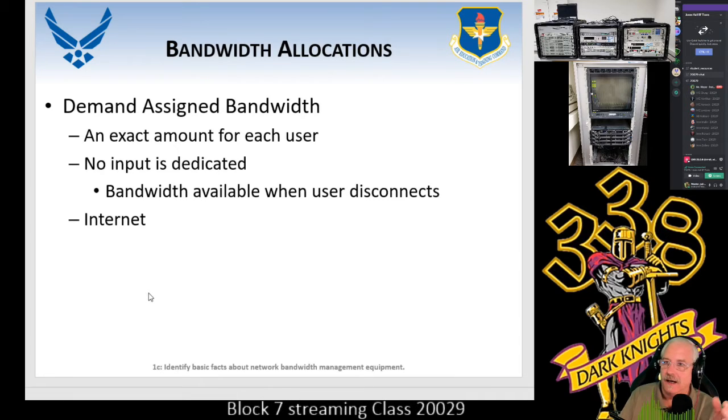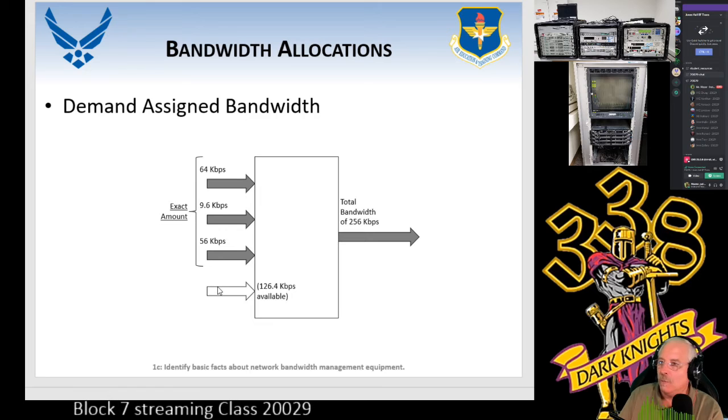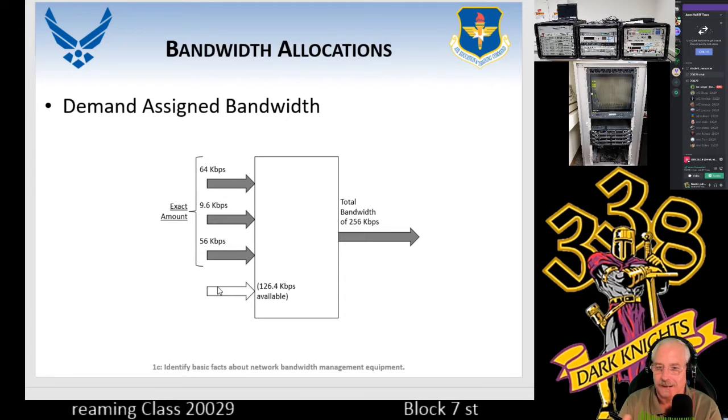This one says you still get an exact amount, but it's not dedicated over the whole thing. This is one way to look at why everything on the internet is asynchronous and you're given so much bandwidth to get in there.